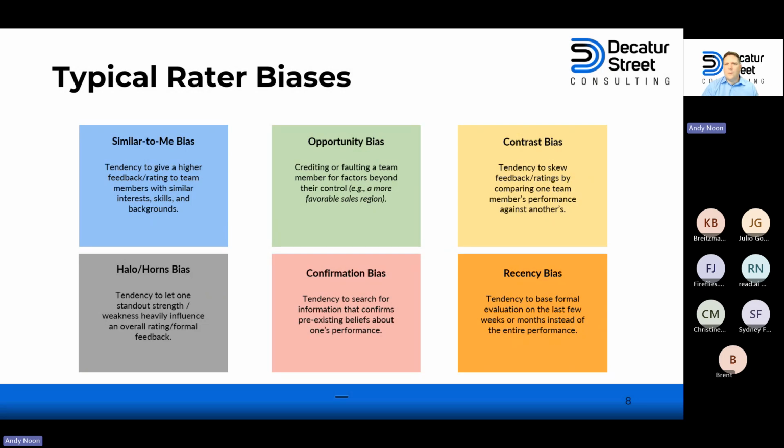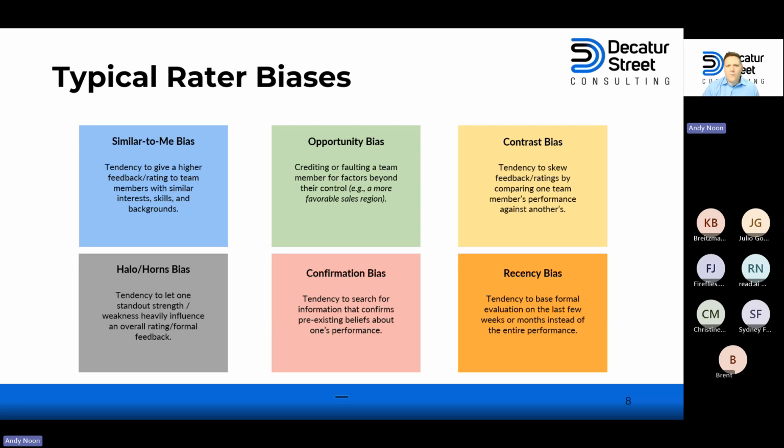Everything from similar to me bias in terms of, hey, if people look and act like me, because I've been successful, I assume they're also successful. So a lot of times you have similar to me bias when it comes to succession planning, because again, if the person who's evaluating their direct reports has already been successful and been put into a higher level role, and the person they're evaluating has a lot of those characteristics, they make the assumption that they're also going to be successful.